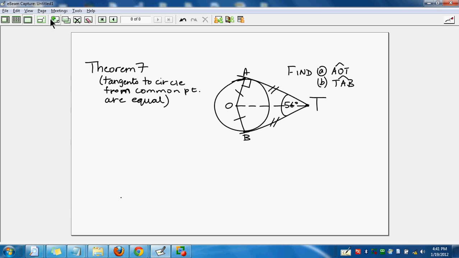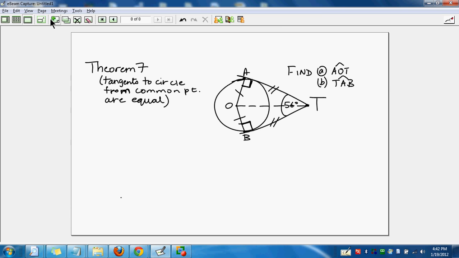We also observed that the angle OBT will also be 90 degrees because of that same theorem we had studied just before. Right? Because OB is a radius and BT is a tangent. So the angle between them will be 90 degrees.